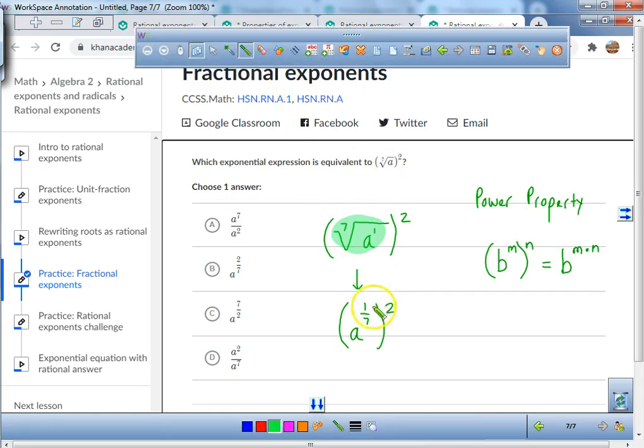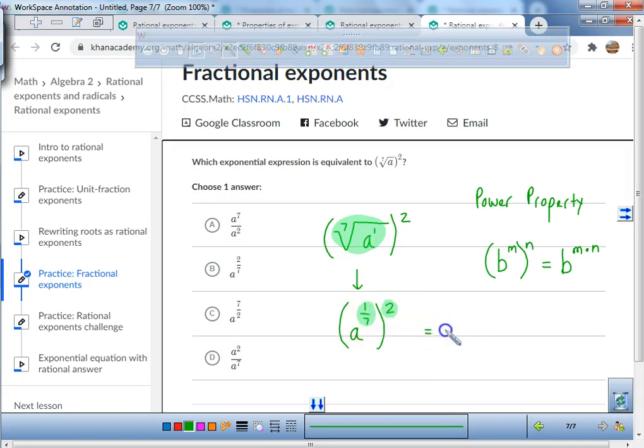So I'm actually allowed to take these powers and multiply them together. Like, well, I don't know how to multiply fractions by integers. It's just 2 times 1 over 7. So this becomes a to the power of 2/7. So all I did was take 1 over 7 and multiply it by 2 over 1, and that became 2 over 7.